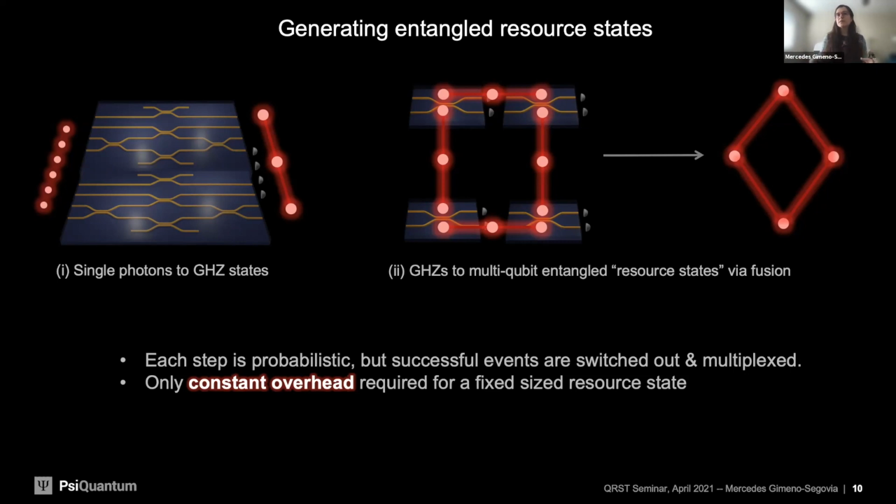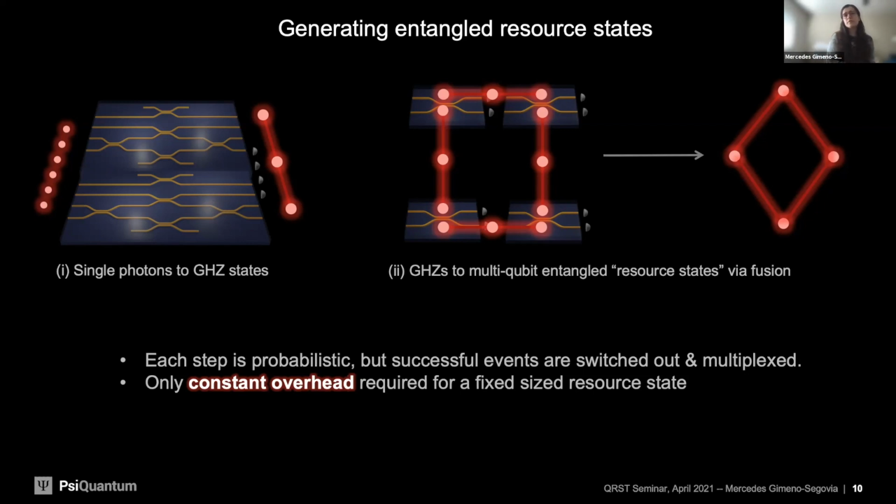And this probabilistic nature of the operations, because we are using multiplexing, does not lead to any exponential scaling. This is a question that comes up often, and actually this is the basis of the original KLM architecture that was proposed in 2001, showing that linear optical quantum computing was indeed feasible.